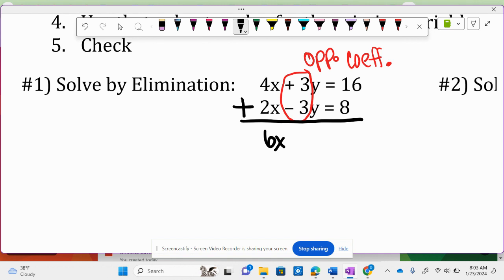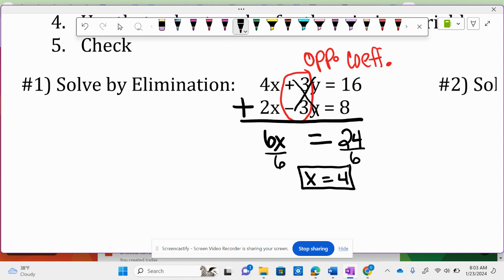What's +3 and -3? 0. And 0 times y is 0. So that's why they are eliminated. Equals, what is 16 plus 8? 24. Okay, so now how do I get x all by itself? Divide by 6. x equals 4.